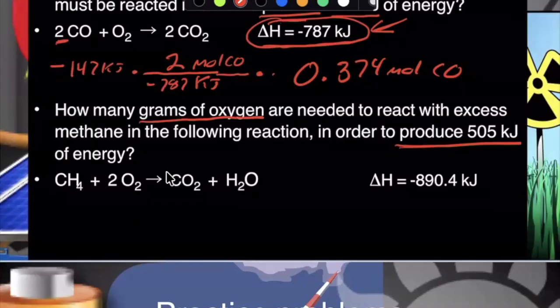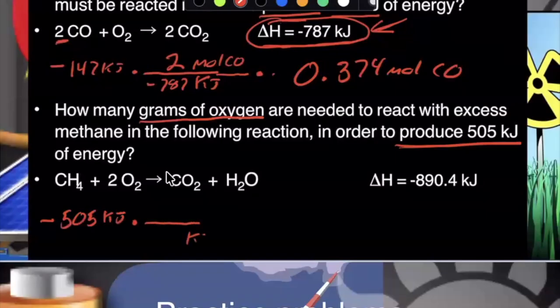So to produce 505 kilojoules, so negative 505 kilojoules. Okay, and so always start with the given measured quantity. So kilojoules per mole.